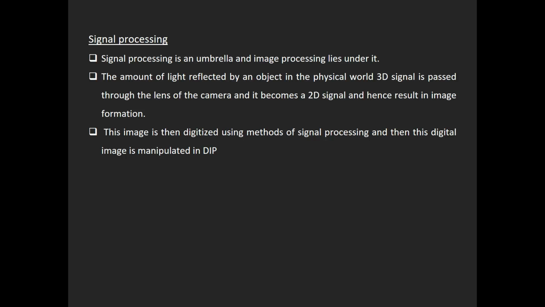When the three-dimensional signal is passed through the lens, it is projected into two dimensions, and that becomes an image. This image is then digitized using a method of signal processing, and this digital image is manipulated in digital image processing. Later on you are going to understand why we digitize those images.